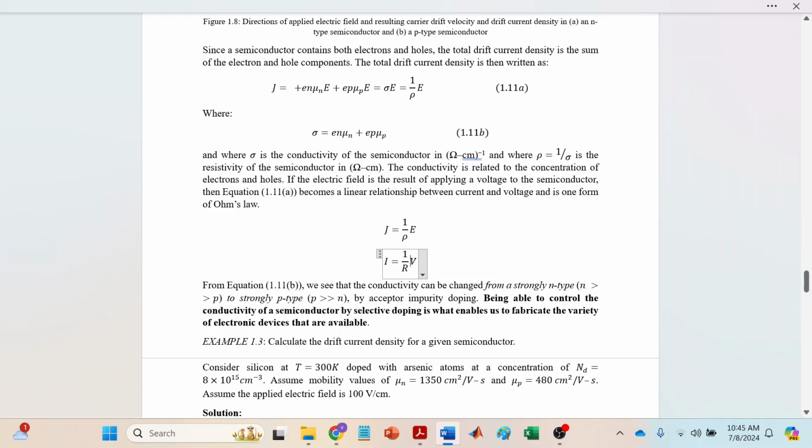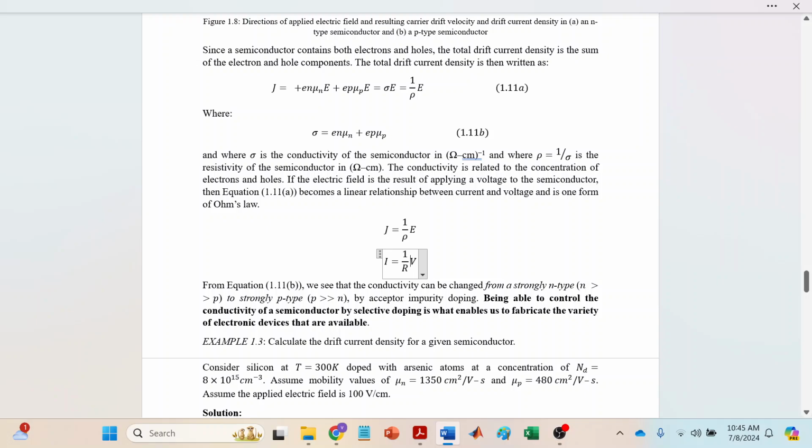So we can change the conductivity from a strongly N-type to a strongly P-type by simply doping with acceptor impurities. Conversely, we can change the conductivity from a strongly P-type to a strongly N-type by doping with donor impurities.